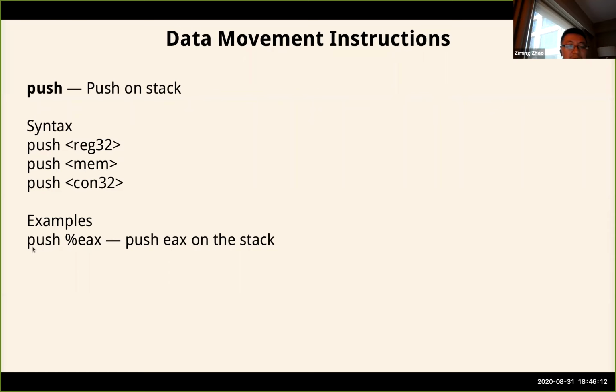So for example, we can do push EAX, which means we will move ESP 4 bytes to a lower position, then push the value of EAX onto the stack. Remember, the stack is part of memory. So basically, we're moving data from a register to memory in this case. And the value of the register EAX is not changed after this.